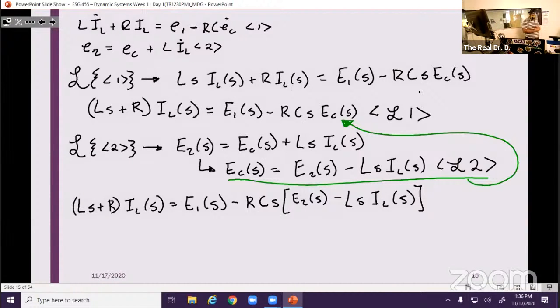Well, I'm going to bring all my I_Ls over to one side and leave everything else on the other, because that forms my input-output equation. If I have all my outputs on the left, so all my I_Ls, and my E1 and E2 inputs on the right, then I have an input-output equation. Let's write that on the next slide.